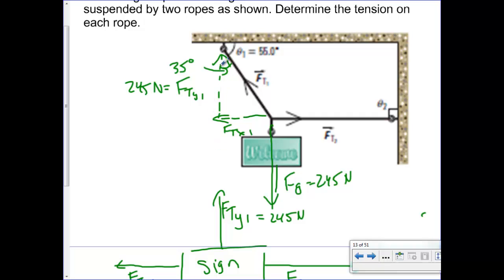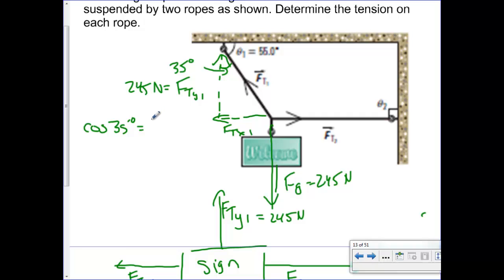So the Y component of this rope is 245 newtons, but I want to find the actual hypotenuse value here. So would it make sense then to say that the cosine of 35 degrees is normally the adjacent over the hypotenuse? Which one's the adjacent then?